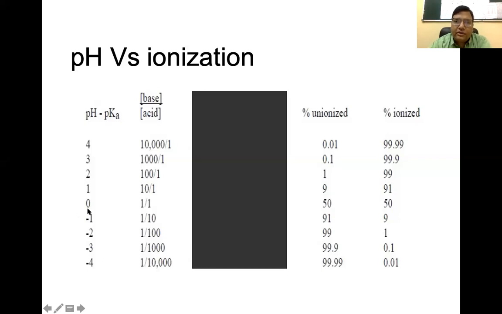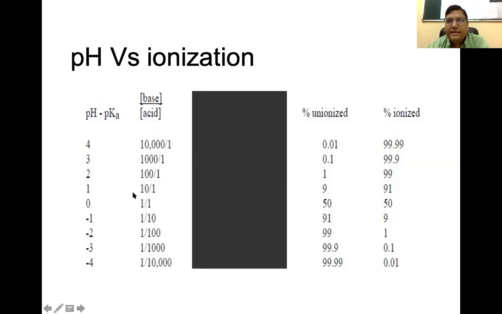In the case of weak acids, as we increase the pH by 1, that means pH minus pKa is 1, the ionization is increased by 10 times, because log of 10 is 1.